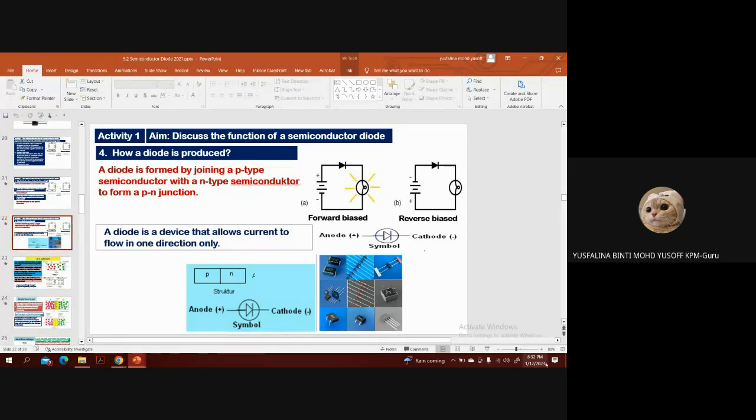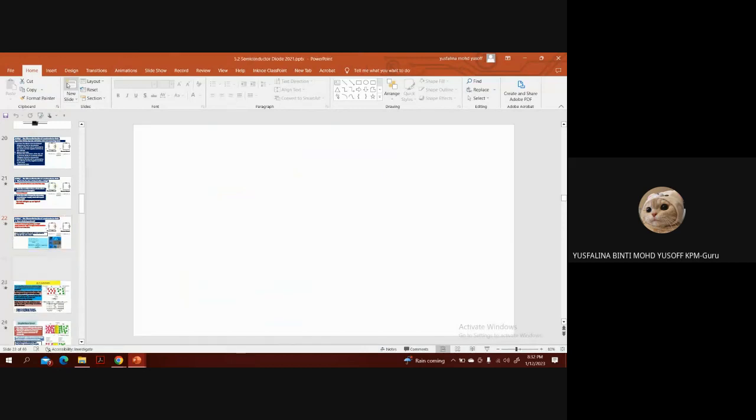All right, so just a quick review. We already know that there are three types: semiconductor, conductor, and another one, the insulator. So what is the difference?